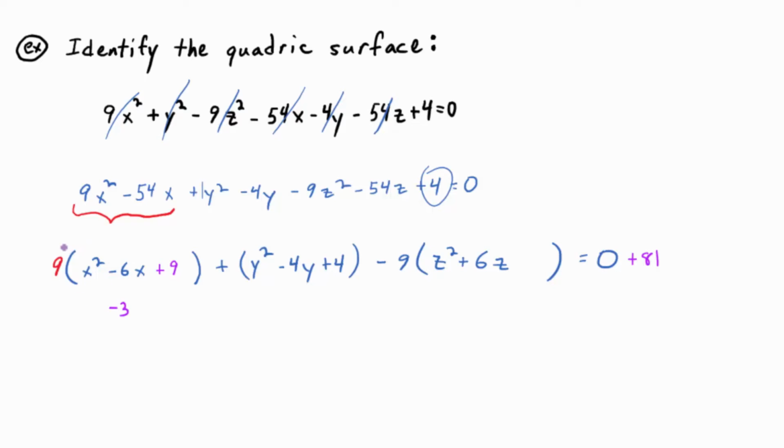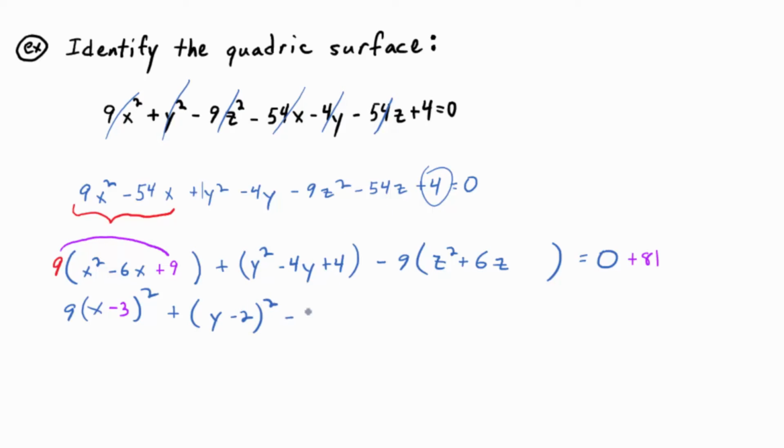You're adding 9 inside the parentheses, but the net is 81 because you have to think of what it would be after you distribute. And then what does x squared minus 6x plus 9 factor to be? And then don't forget the 9 out front. And then what does y squared minus 4y plus 4 factor to be? Y minus 2 quantity squared.